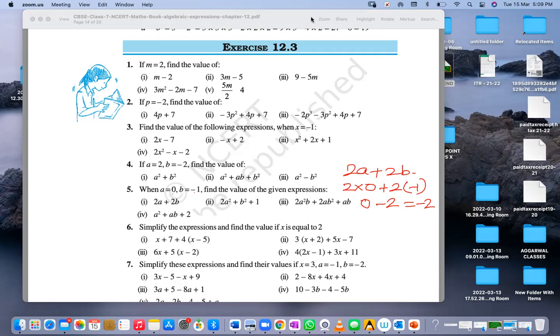What is the answer of the other questions? Do it yourself. 2a square plus b square plus 1.